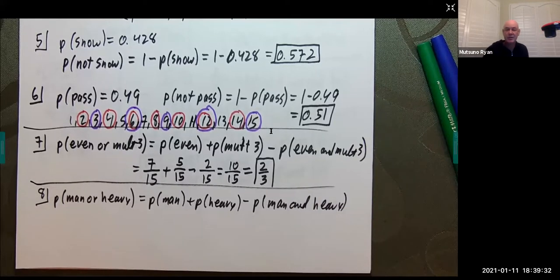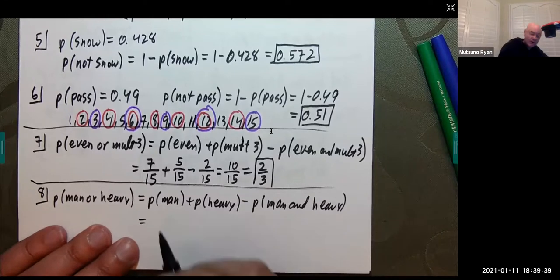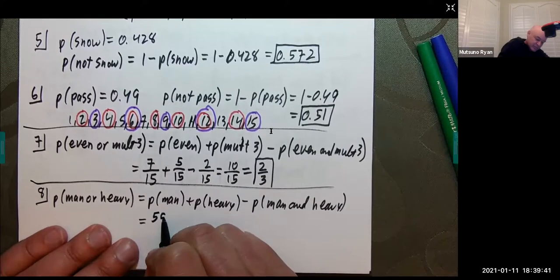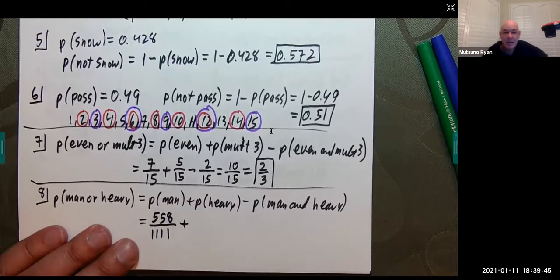Now, all my denominators are going to be the 1,111. Now, the probability of men, how many men are there total? There's 558 out of the 1,111. How many heavy smokers are there?